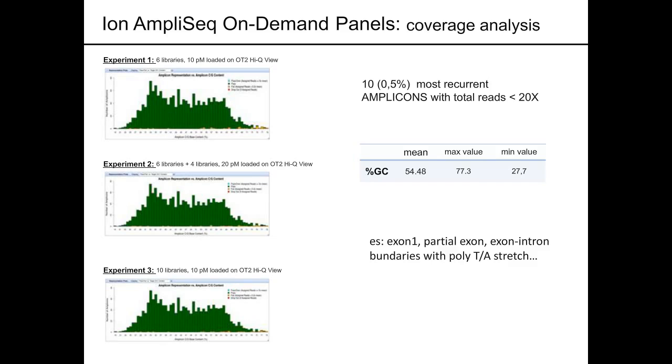And this low coverage was predictably in regions with a high GC content or regions that are known for being difficult to sequence, so we would expect lower coverage in these regions. So we didn't have any surprise of low coverage in our panel.